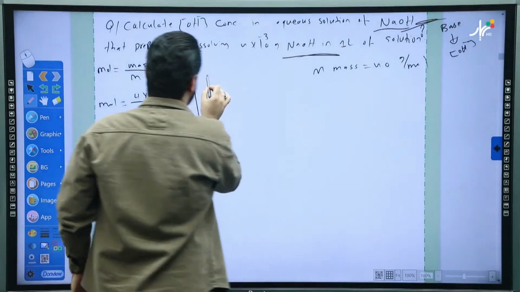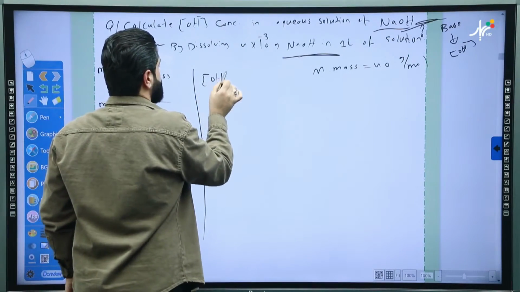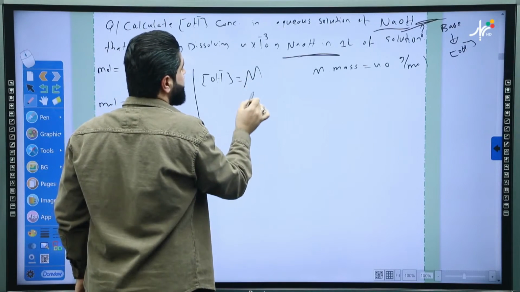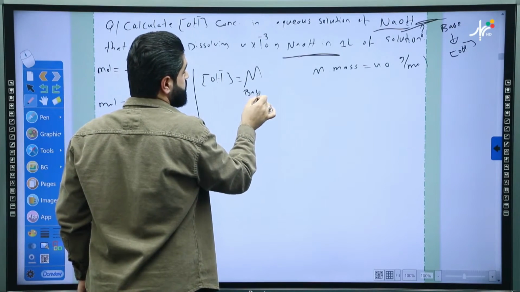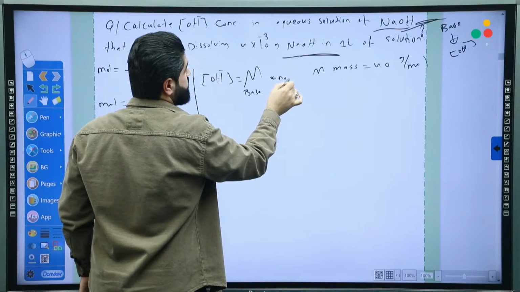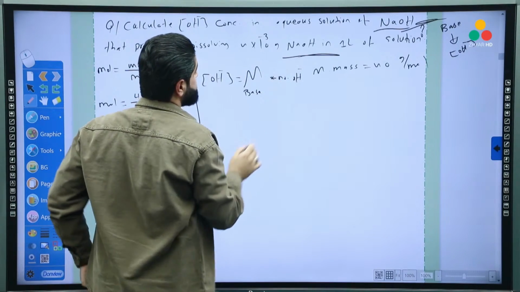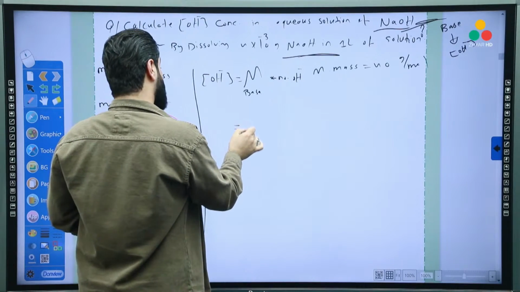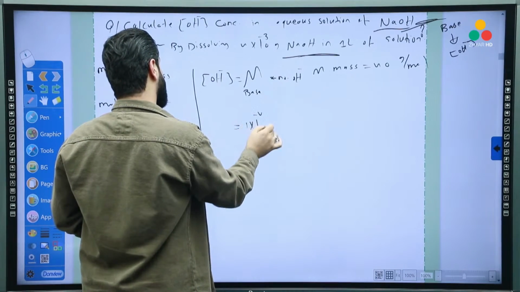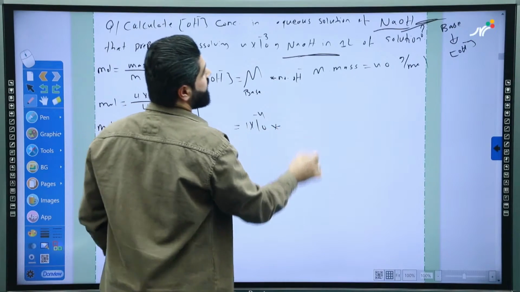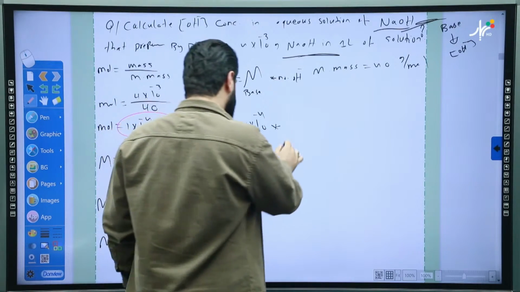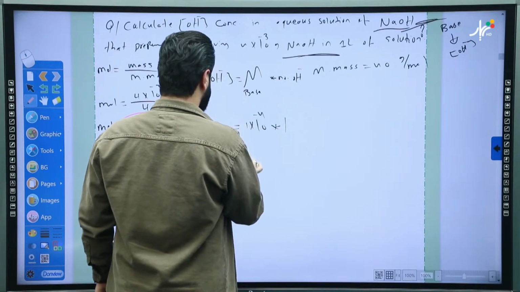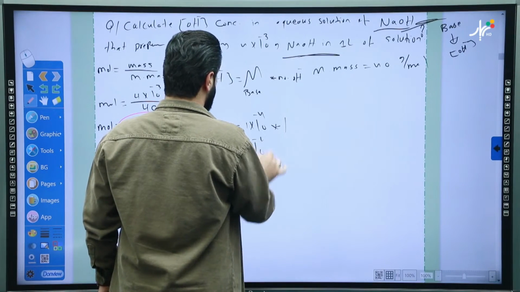OH equals the molarity of the base times the number of OH in the base's formula. Molarity is 1 times 10 to the negative 4, times how many OH are present in NaOH's formula? It's 1. So OH equals 1 times 10 to the negative 4.